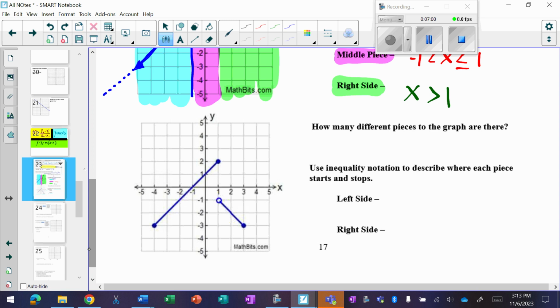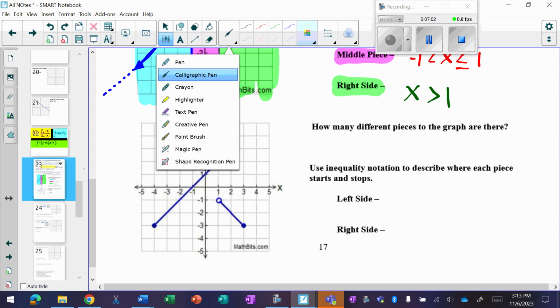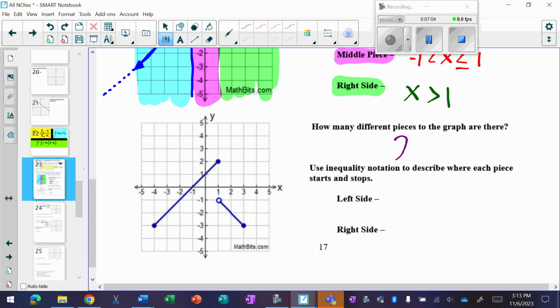Okay, this graph, our next example, has only 2 different pieces. The left side has a closed dot where x is -4, and another closed dot where x is +1.